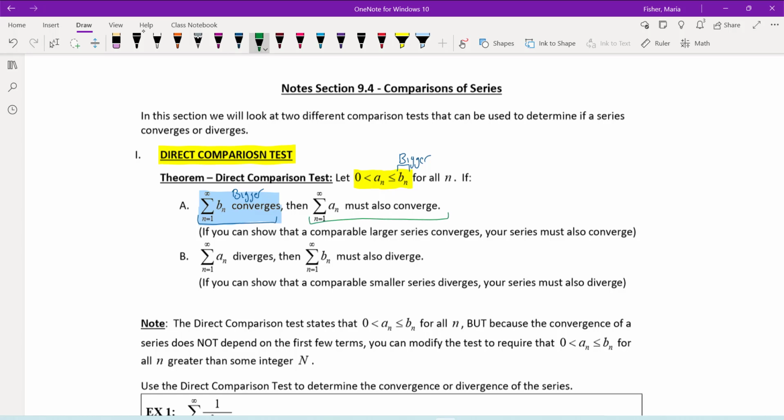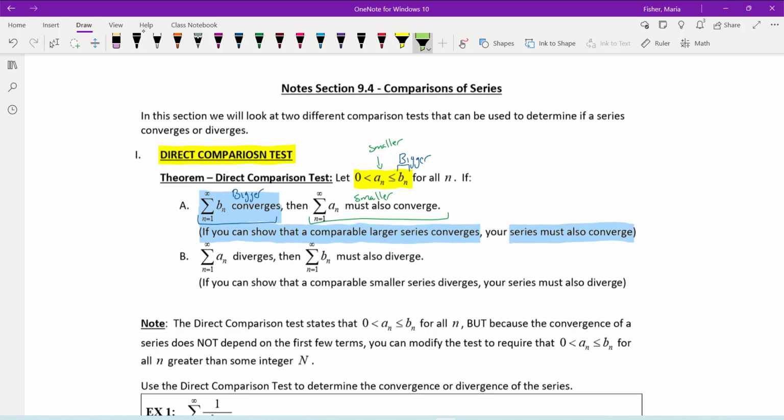A sub n here is your smaller series. So what part A is saying is that if the bigger series converges, the smaller series must also converge. To use the direct comparison test to show that your series converges, you have to find a comparable larger series, show that it's larger than your given series, and then by the direct comparison test, your series must also converge.